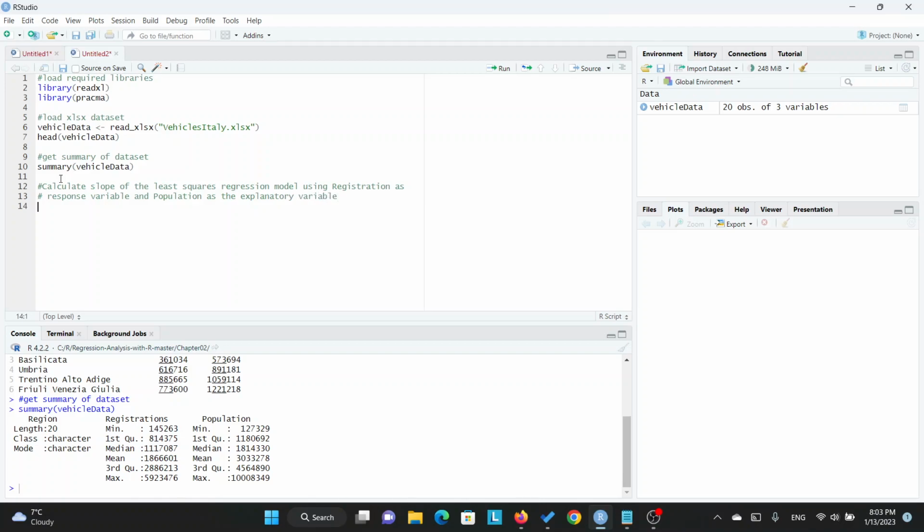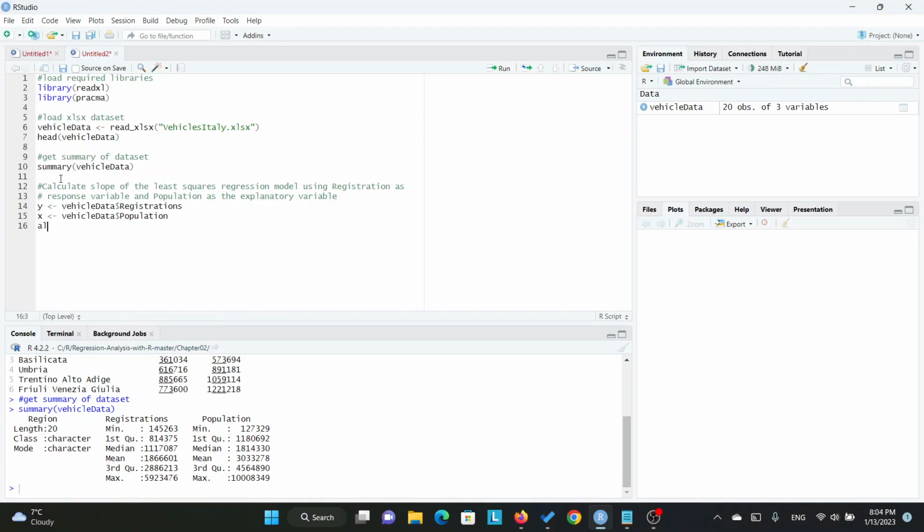Now the way we're going to do that is we're going to separate the two, x and y. So first we're going to get the y. y is going to be vehicle_data dollar registrations, and x is going to be our explanatory variable, that is vehicle_data dollar population.